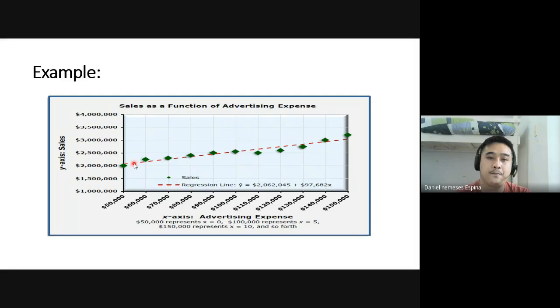As you can see, the actual data points almost fit the regression line. There are data points that are not on the line, but still they are very, very close. Okay, so we can say that this data has a goodness of fit.